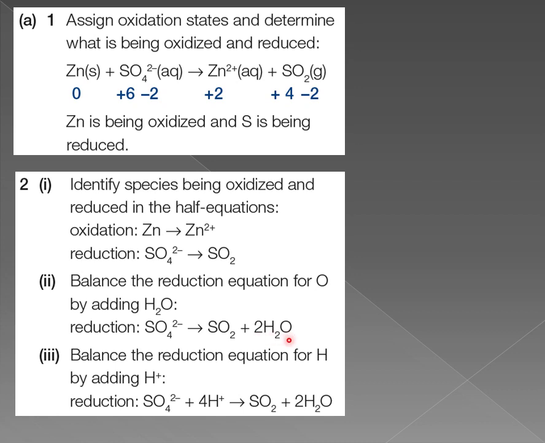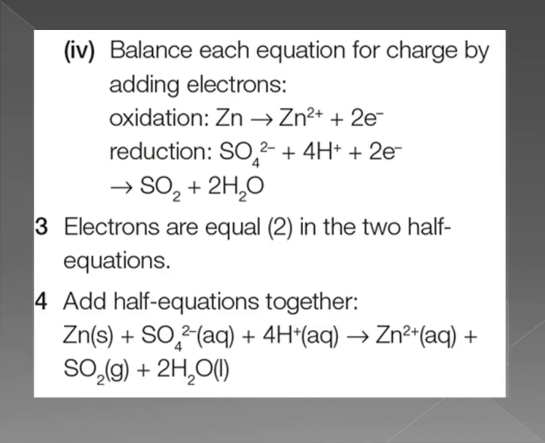If we produce water, there are 4 hydrogen increased here. So in the next step, we need to add 4 H plus in the reactant. And that means the reaction is done in acidic condition. Then balance each equation for charge by adding electrons.